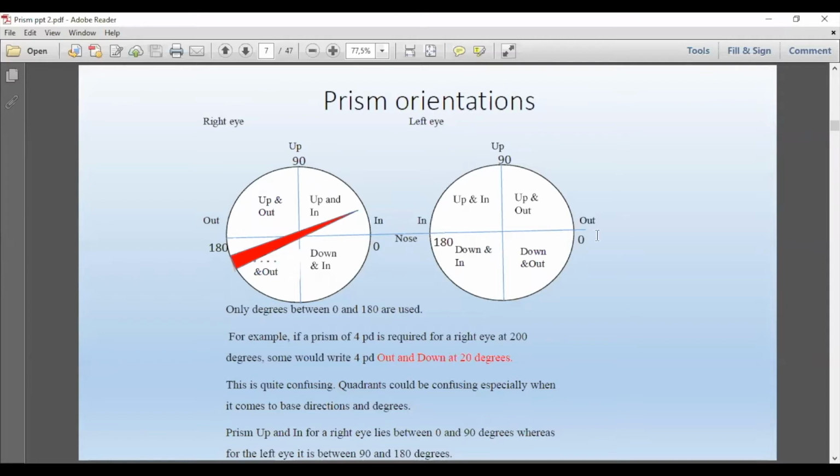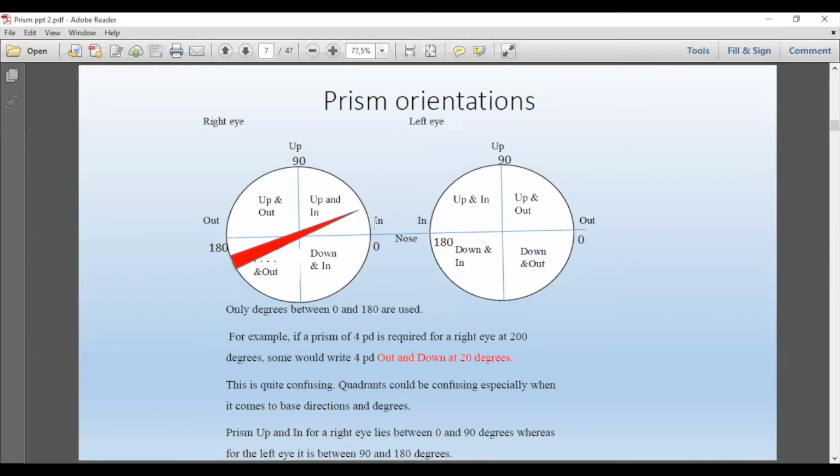Naught for the left eye would also be, but now on the temporal side. And then when it comes to axes, we work with half the protractor, which only goes up to 180. So 0 and 180 will be the same. Same thing applies for the left eye. 0 and 180, obviously, for axes is going to be the same.